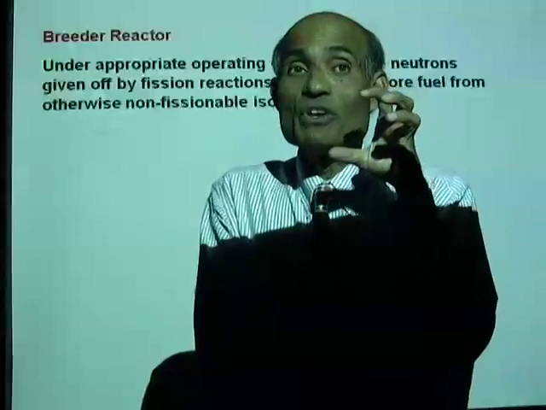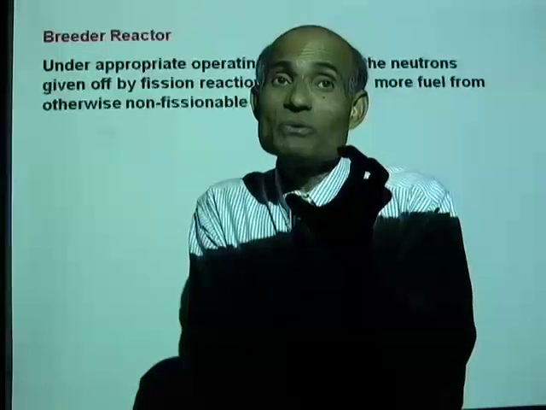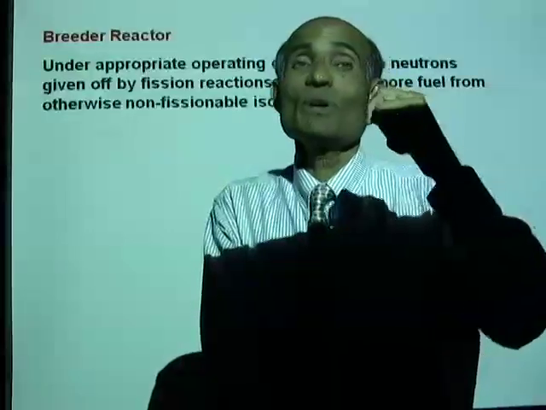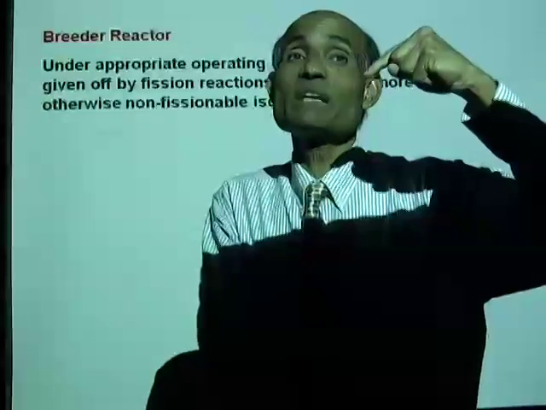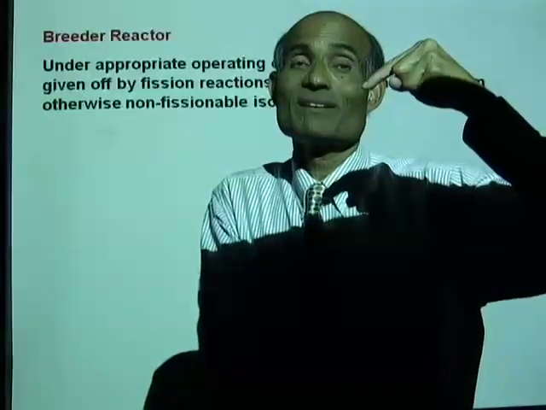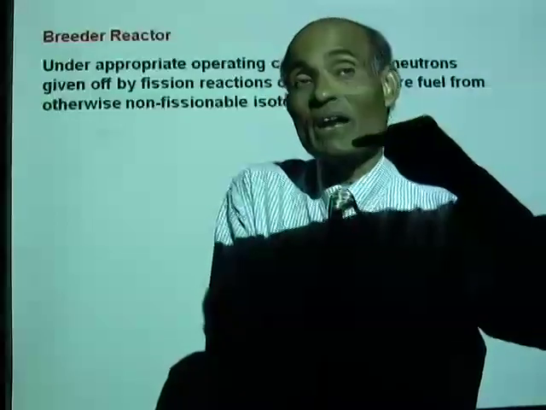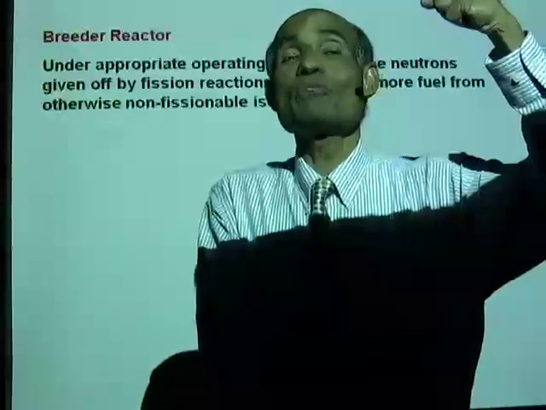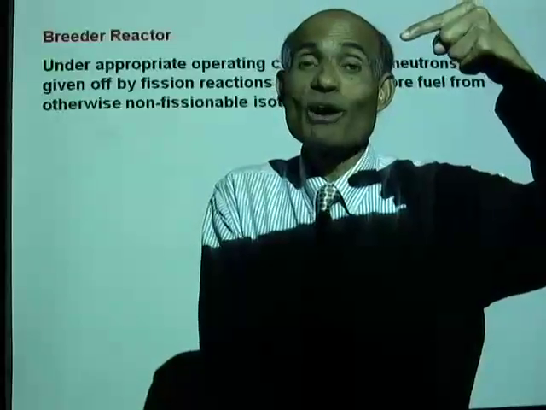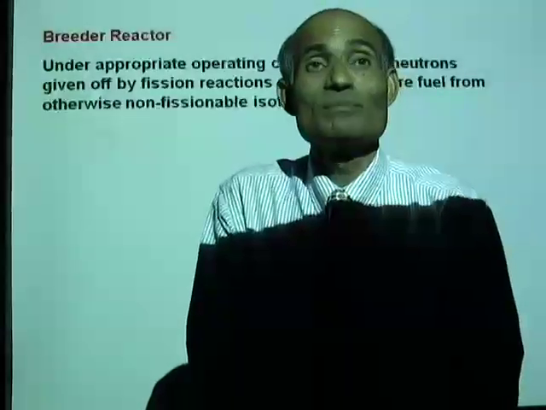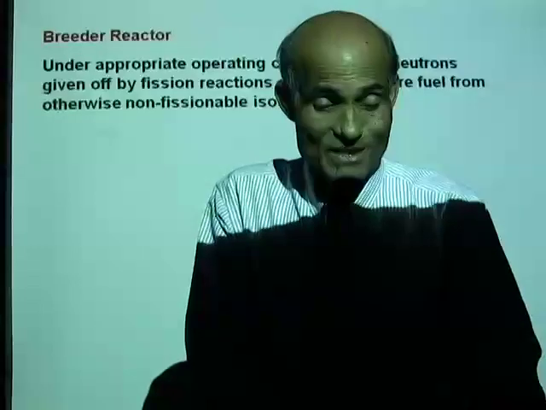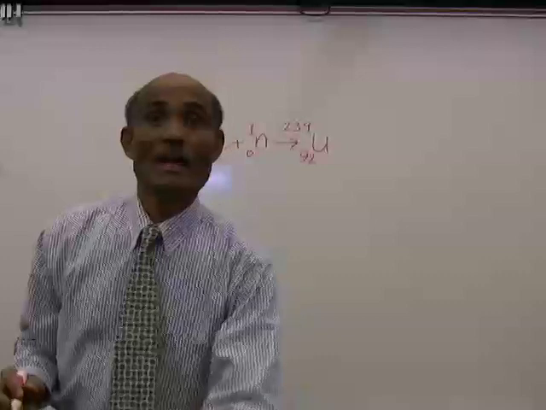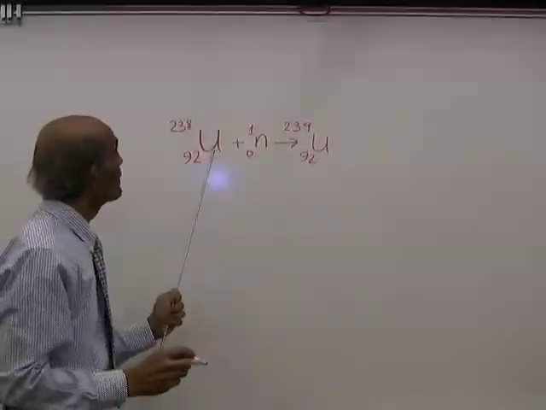So, if uranium-92 can be made to emit a beta, it will become an element of atomic number 93. Now, if that again emits a beta, it can produce an element of atomic number 94, and that is plutonium. And plutonium is a readily fissionable material. Now, this is how it happens.